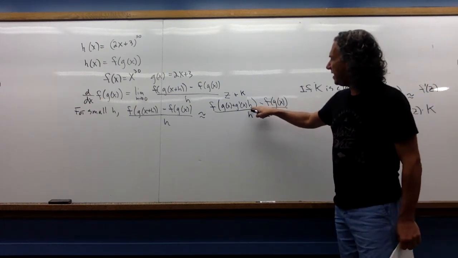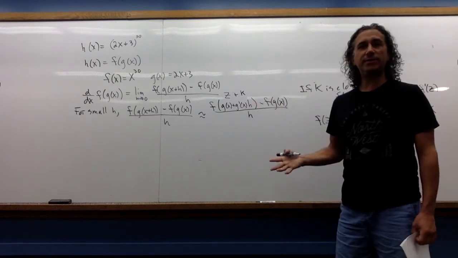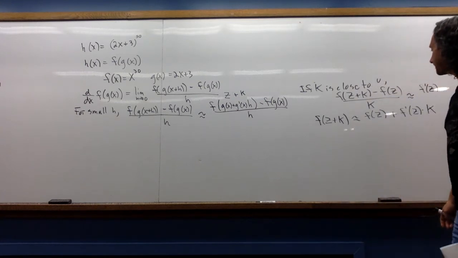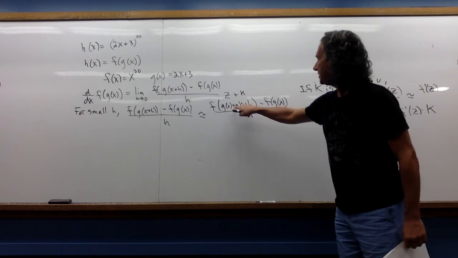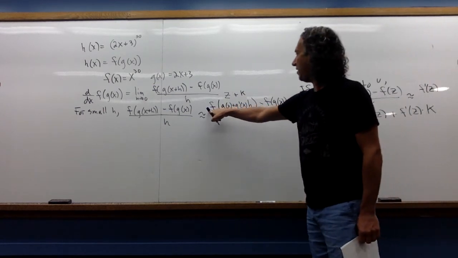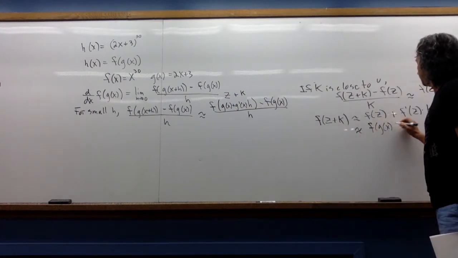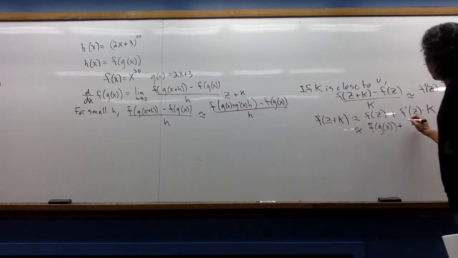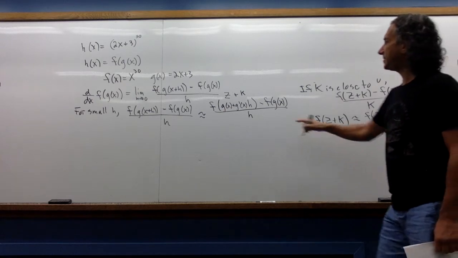Well, first off, if h is close to 0, then g prime of x times h should be close to 0 as well, assuming g prime of x is a finite number. That tells me that f of z plus k is approximately f of z plus f prime of z times k.